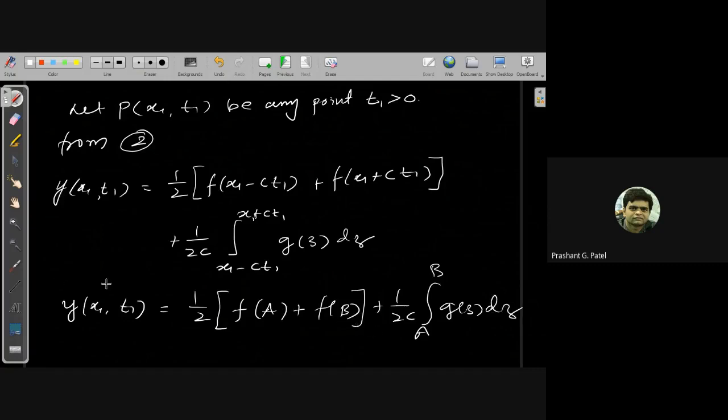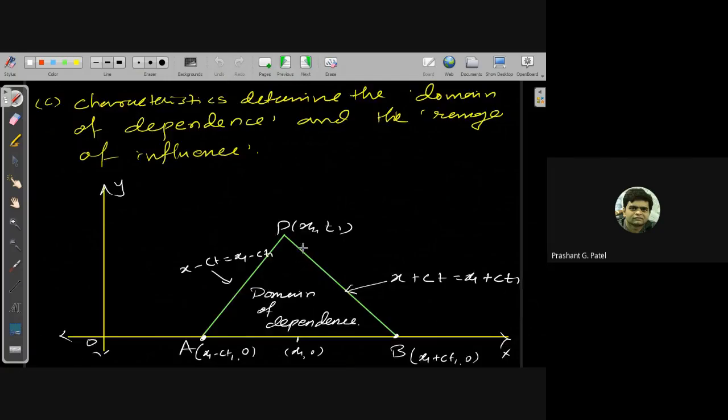And hence y of P, if you want to calculate this y of P, it depends on the data given on this line segment AB.